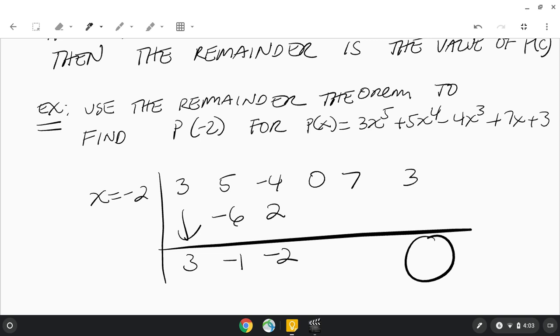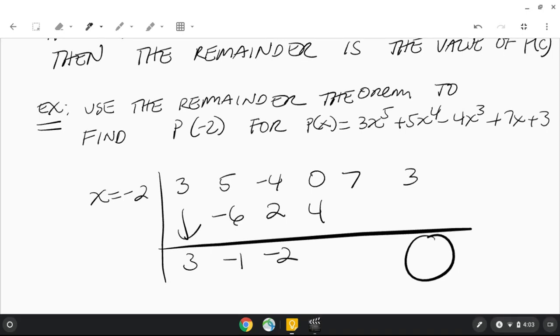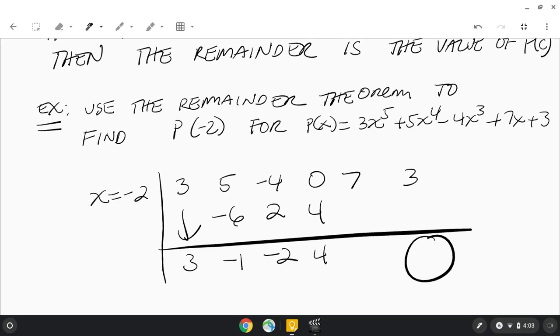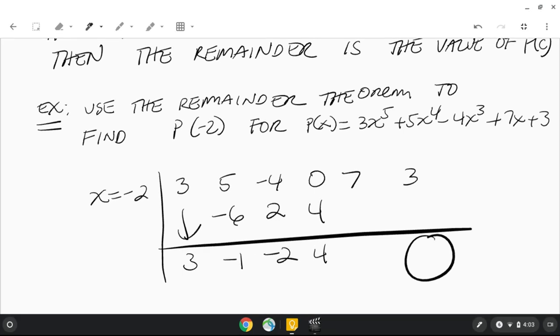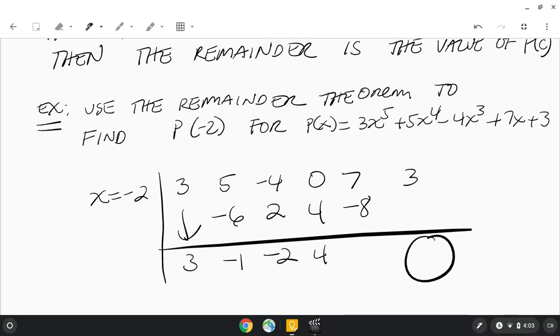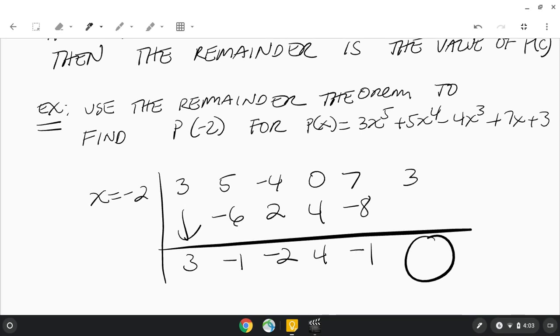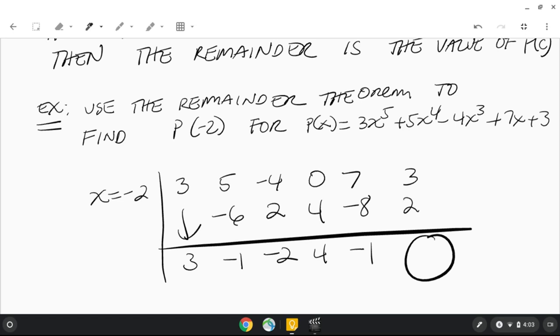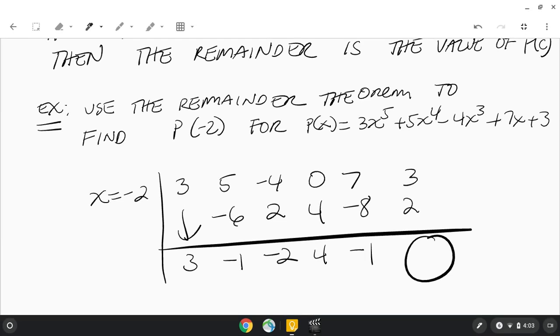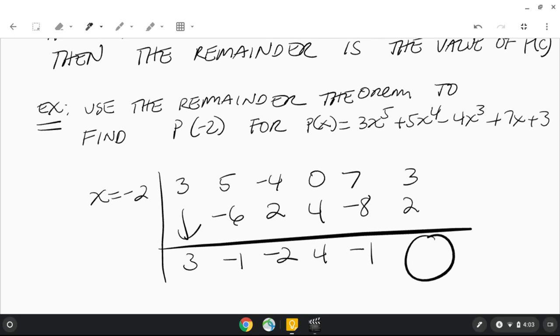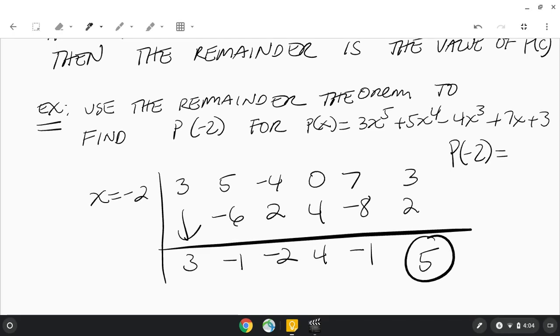And then combine. 0 and 4 is 4. And then multiply again. 4 times -2 is -8. And then combine. 7 and -8 is -1. And then multiply one more time. -1 times -2 is 2. And then when you combine this, it is 5. Therefore, p of -2 equals 5.